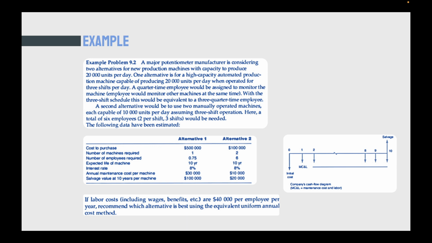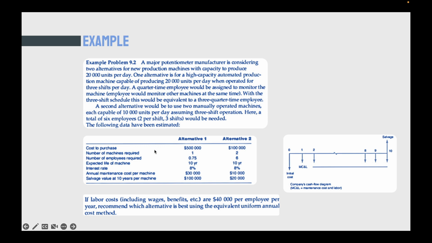One alternative is a high-capacity automated production machine that will produce 20,000 units per day when operated in 3 shifts per day, with a quarter-time employee assigned to monitor the machine. Those machines are kind of semi-automatic. The second alternative would be to use 2 manually operated machines, each capable of 10,000 units per day. With 3 shifts of operation, that would give you 6 employees, 2 per shift.